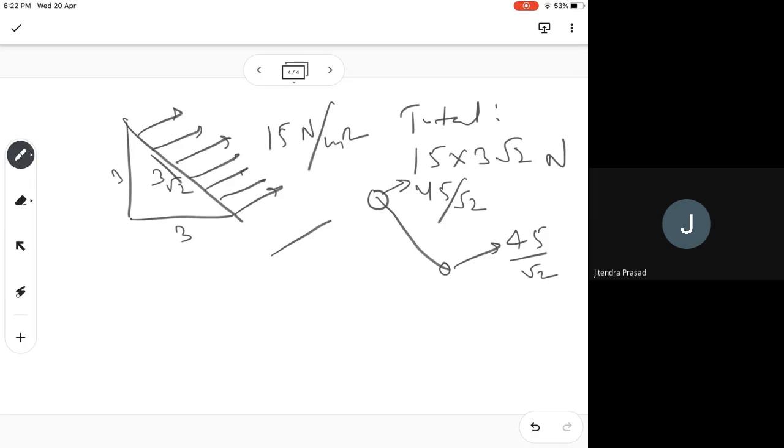You see, this one is at a 45 degree angle, right? So that means we need the component of that here and the component of that there. So finally, what do we get?